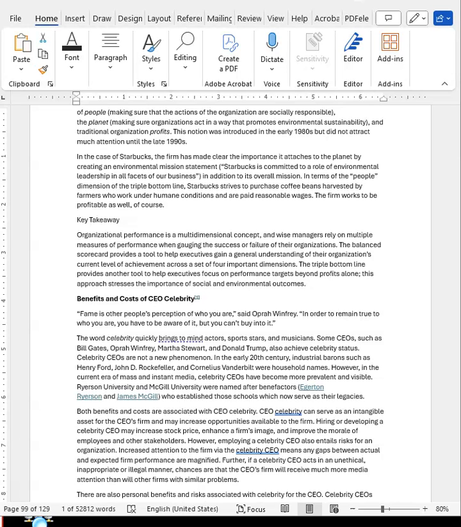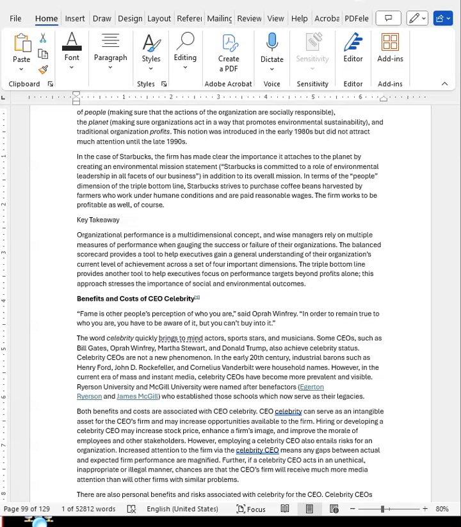Ryerson University and McGill University were named after benefactors Egerton Ryerson and James McGill, who established those schools which now serve as their legacies. Both benefits and costs are associated with CEO celebrity. CEO celebrity can serve as an intangible asset for the CEO's firm and may increase opportunities available to the firm.